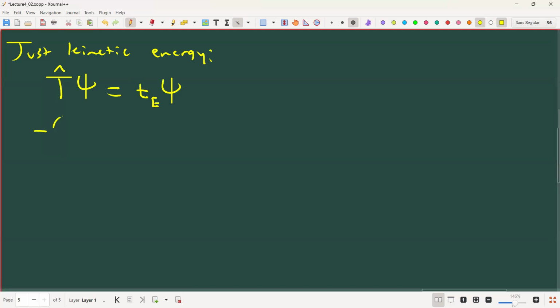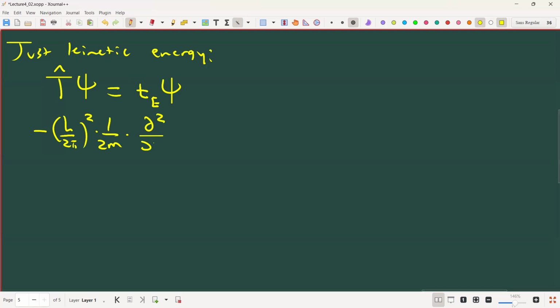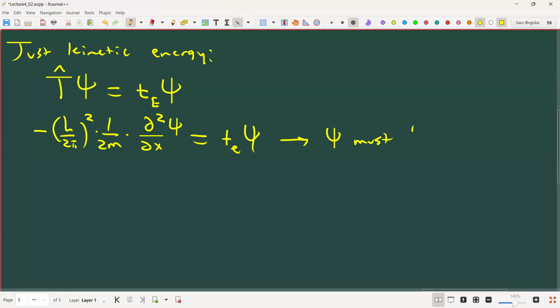That means minus h over 2 pi squared times 1 over 2 times the mass of the particle times the second derivative of the wave function gives me the wave function back times a number. So psi must be basically the same as the second derivative of psi, up to a constant.